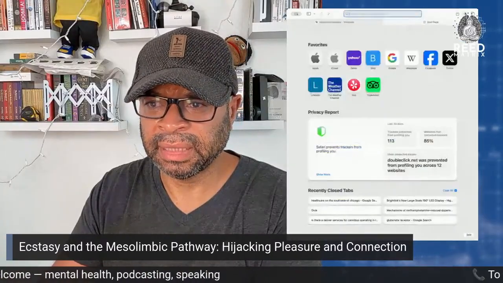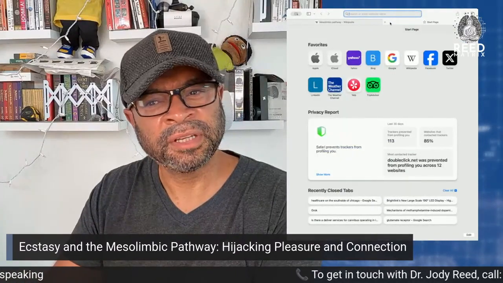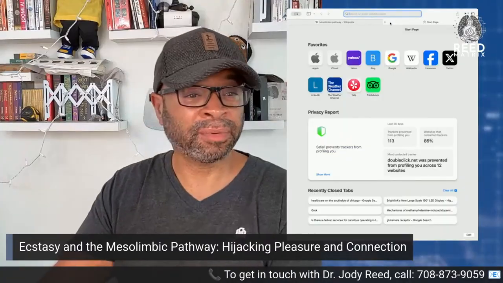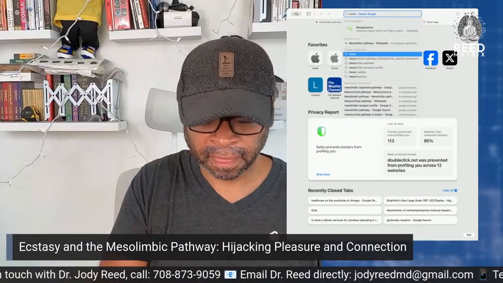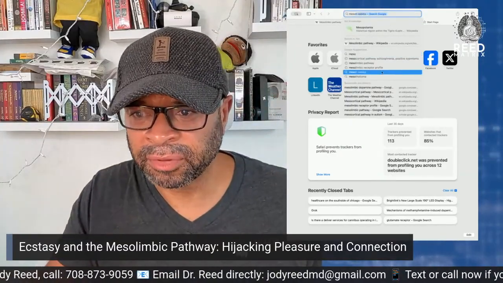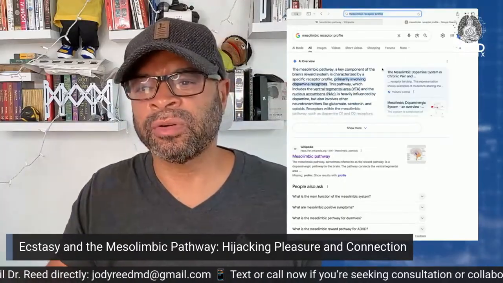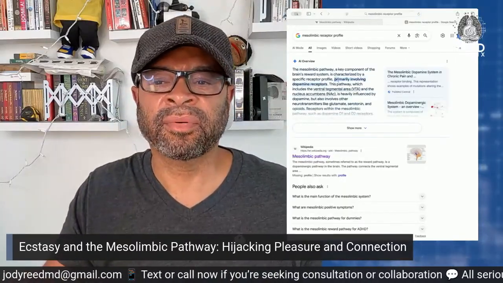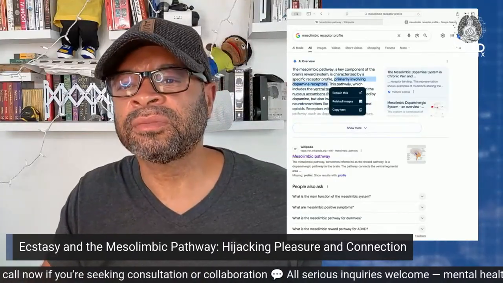Let me look at the pathways, the receptors on it. Mesolimbic receptor profile right there. Just to look at the receptors real quick. Primarily involving dopamine, right? Ooh, that's mesocortical.